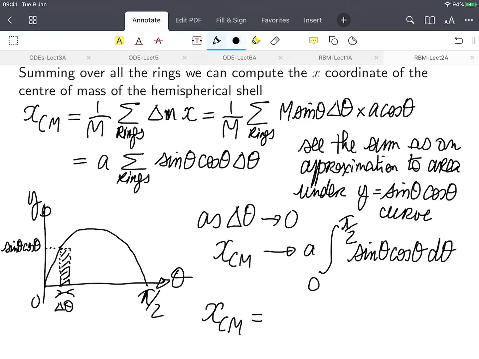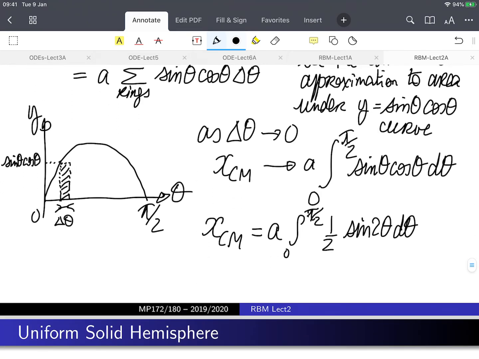So here really I have 1/2 sine 2A, or 2 theta in this case. And I know how to compute this integral now. It is going to be A over 2.